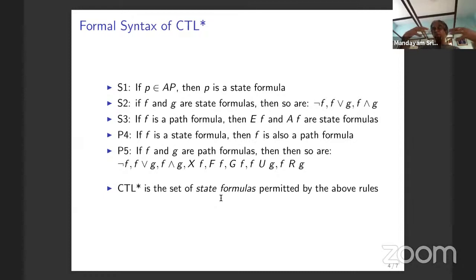So at the top level, you require a CTL star formula to be a state formula that is permitted by the above inductively defined rules. Okay. Any questions? We will see some examples later on. Do you have any? Okay, no questions? Okay, I'll move on.